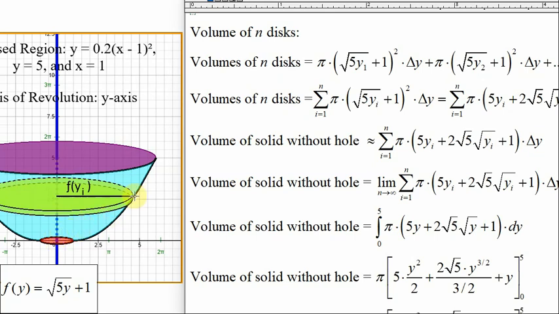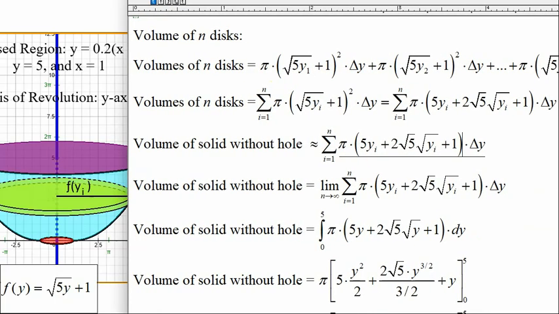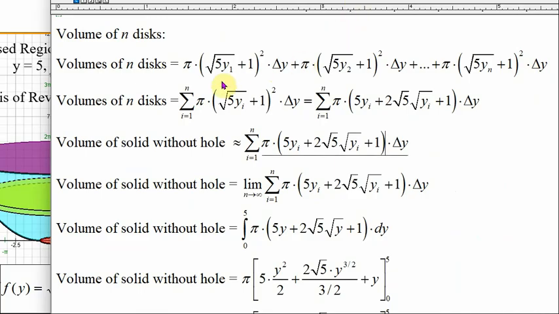And if we divide this solid of revolution right here into n slices or n disks, then the volumes of n disks would look like this. This will be volume of slice number 1, volume of slice number 2, and then volume of the nth slice.